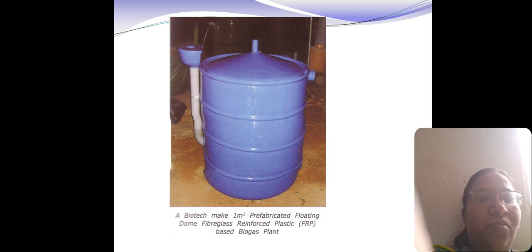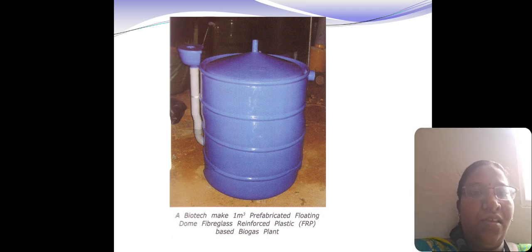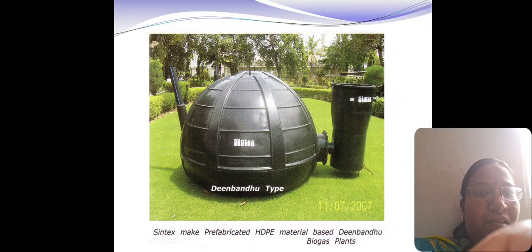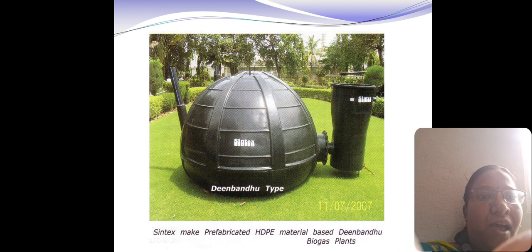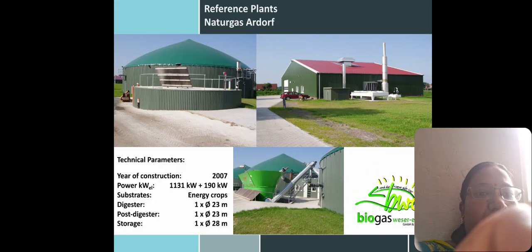This is a Biotech 1 meter cube plant, which can be utilized for kitchen waste. This is actually the Deenabandhu model. They were fabricated using a Syntex tank. This is another example of a biogas plant, which could produce around 190 kilowatt hour.